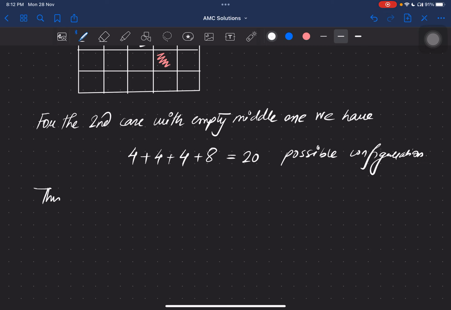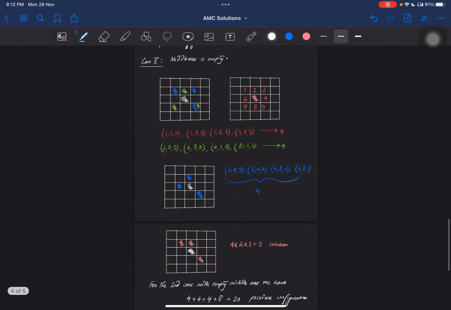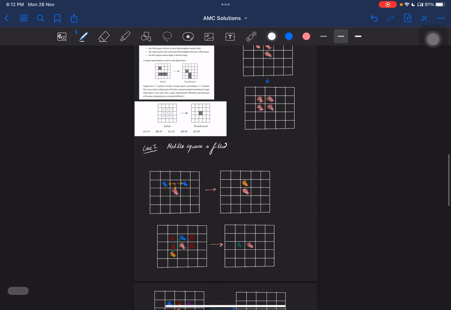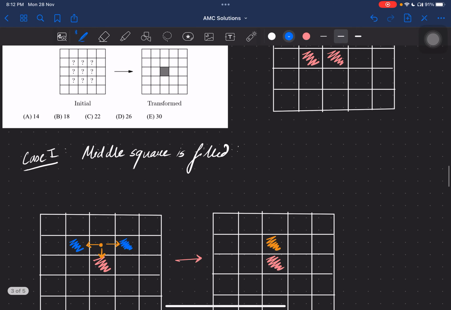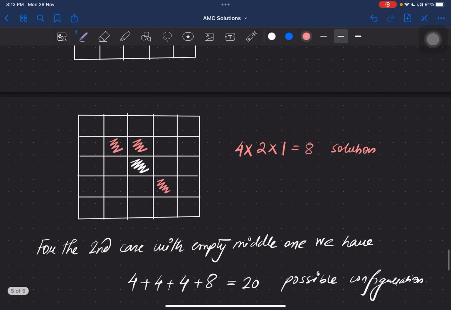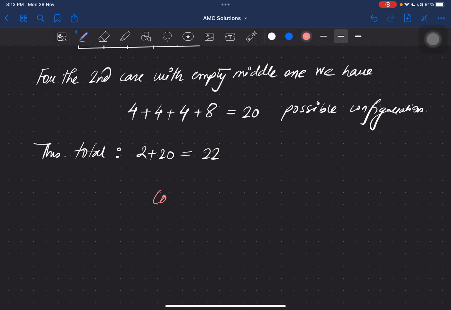Thus the total is 2 plus 20, that is 22. So this solution is C, the correct option.